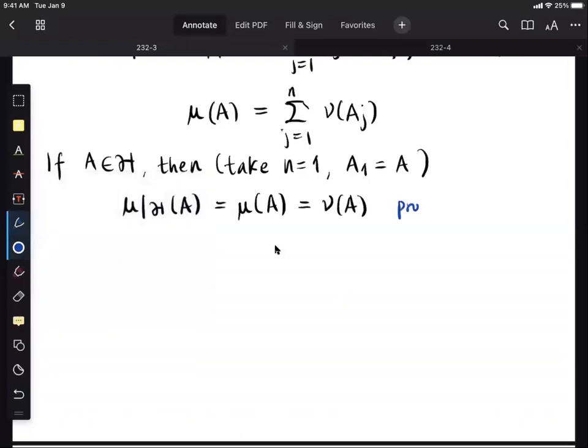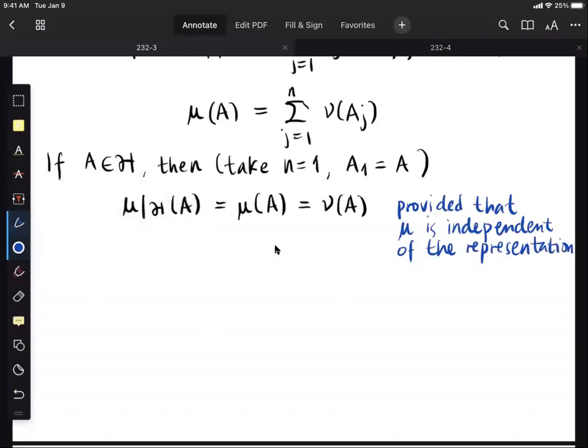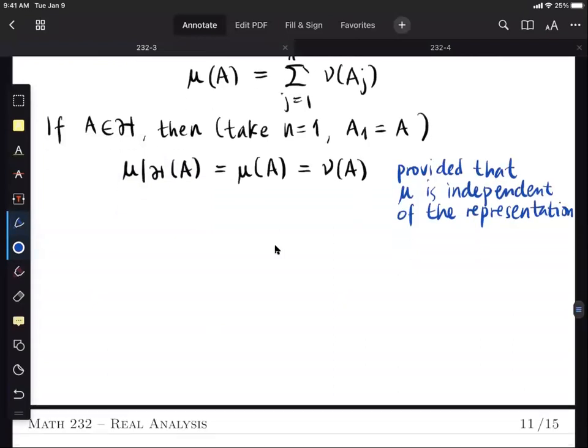Of course, this is valid provided that mu is independent of the representation of A as a pairwise disjoint union of elements in the semi-ring.